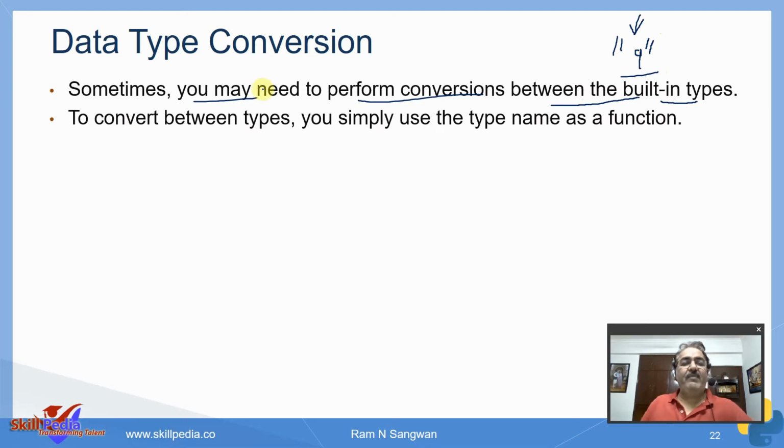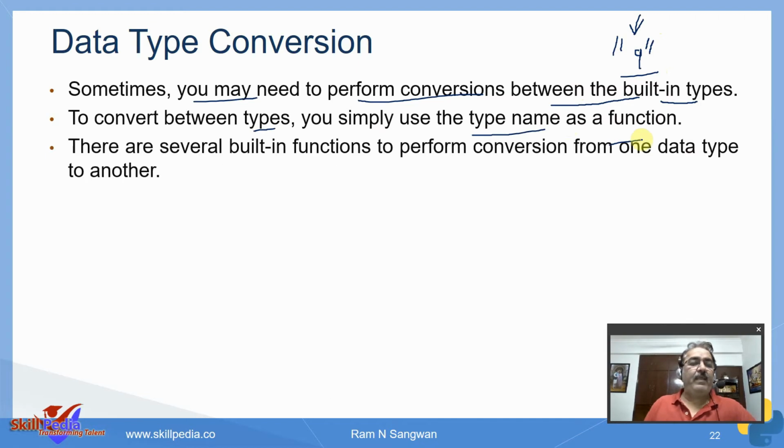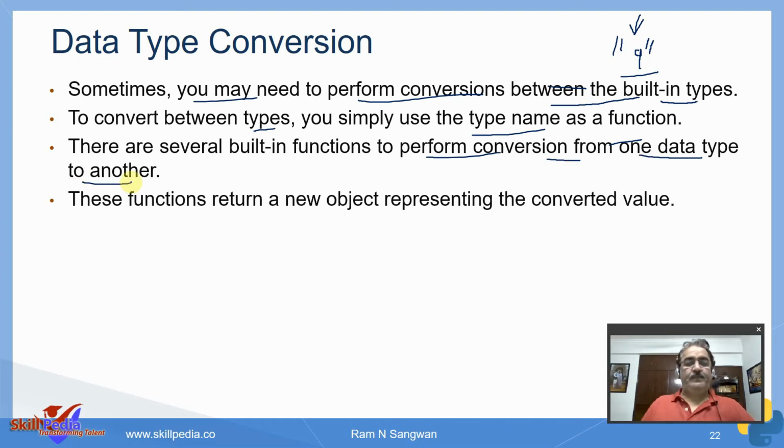Sometimes to convert between types, you simply use the type name as a function. There are several built-in functions to perform conversion from one data type to another. These functions return a new object representing the converted value.